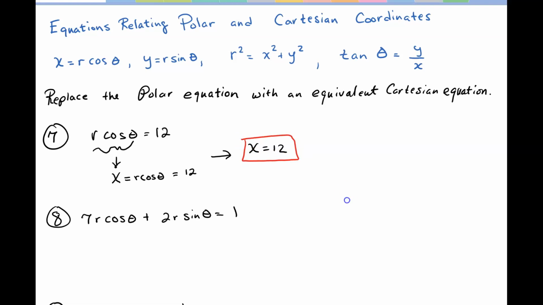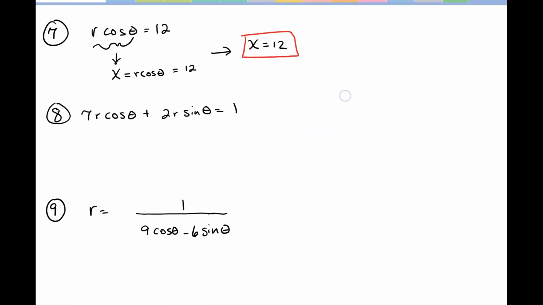Now looking at the next one, I see again r cosine theta. That right there is again x, because x equals r cosine theta. And then I see this other one over here, r sine theta. And that right there is y, because y equals r sine theta.